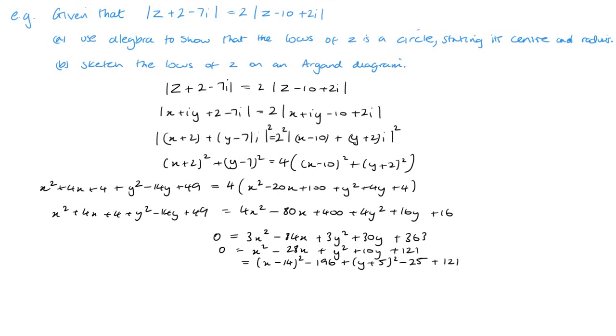So taking it to the other side gives me 100 equals x minus 14 squared plus y plus 5 squared. And you'll recognize that as the equation of a circle. So these two are going to give you the locus, the equation of a circle.